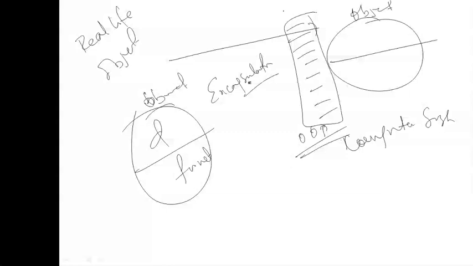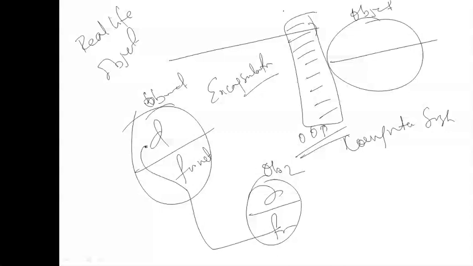Another point is that data is hidden and cannot be accessed by another external function. In this object 2, this is data and this is function, so an outside function cannot manipulate this. It is protected, and only this function can manipulate this data.